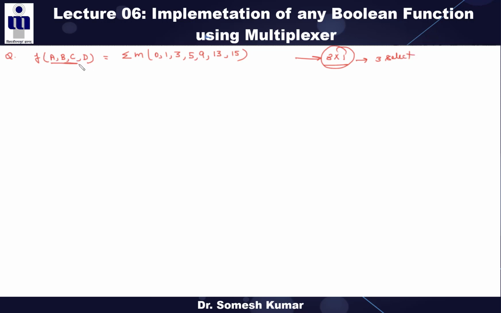What happens in this case? In this case, in the implementation table, you can easily follow the pattern. You know the pattern means one time it is A bar, D bar, then D, then D bar, then D, then D bar, and then D. Right? Understand, na? So for more variables, there is no need to write the table again and again. Right?